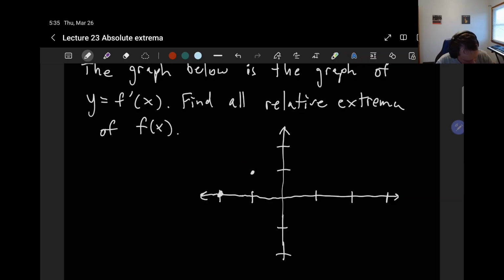We'll plot some points, and then I'll connect them. All right, now just a little dip and back up.